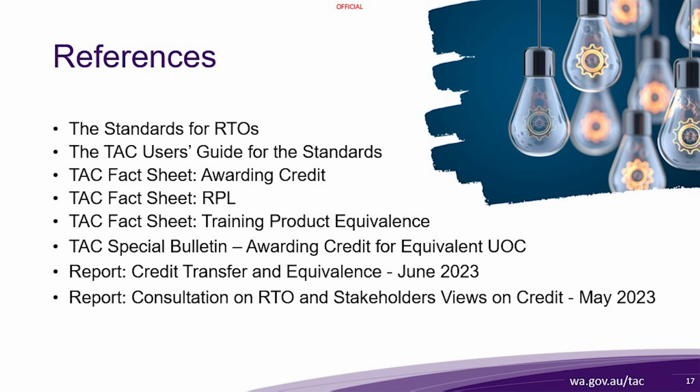Most recently, there has been the TAC Special Bulletin on awarding credit for equivalent units of competency, and that provides not just a reference to a report on credit transfer and equivalence, which relates to that analysis to which I referred of the 45 lines or chains of units of competency. But there's also a report that you can access through the Special Bulletin, which looks at a consultation on RTO practice.